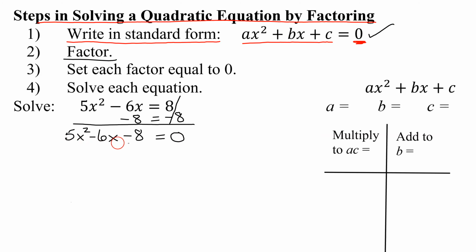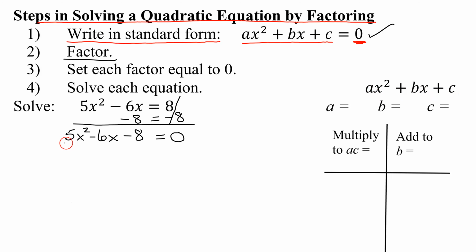The first thing we try and do when we factor every problem is we look for a greatest common factor. They don't all have x's, and look at the numbers. I have 5, 6, and 8, so I have no common factor. So now I'm going to factor this trinomial, and I'm going to compare it to ax squared plus bx plus c.